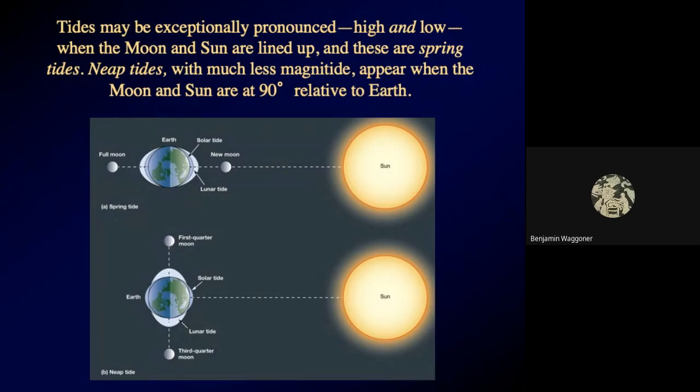So typically twice a month you'll have unusually high highs and unusually low lows at the spring tides, and twice a month you'll have unusually low highs and unusually high lows at the neap tides. And this is correlated with phases of the moon.